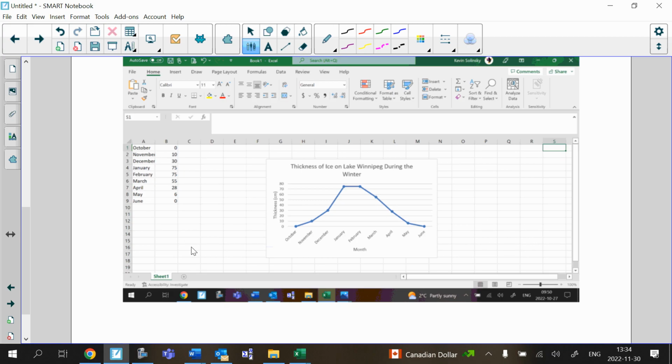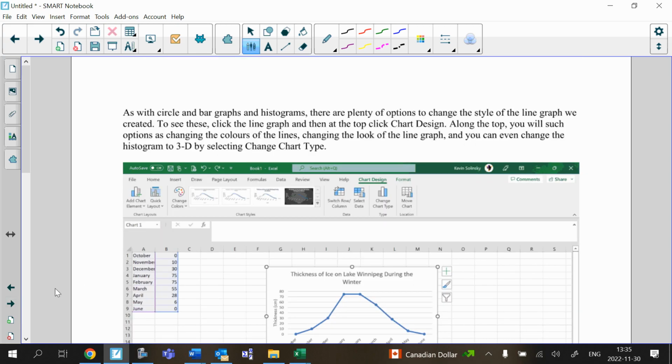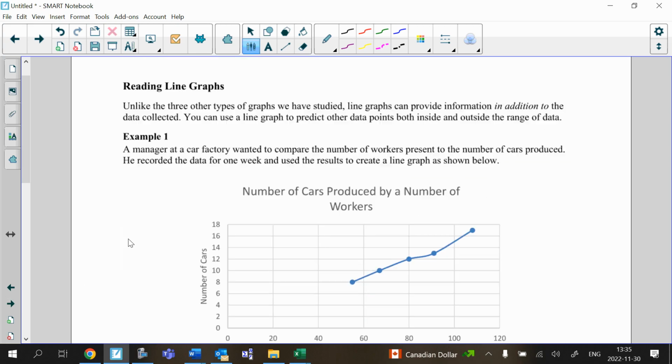Make borders around the titles. Oh yeah, it's really exciting.